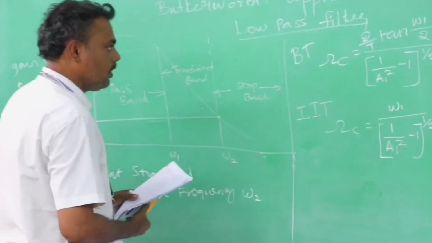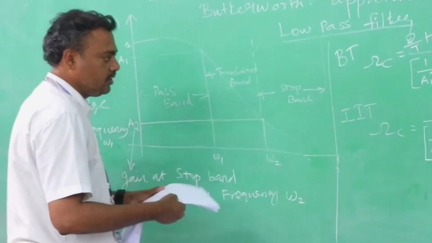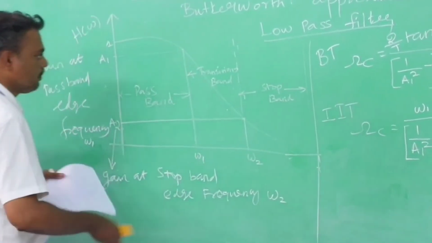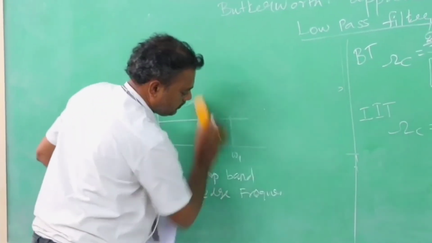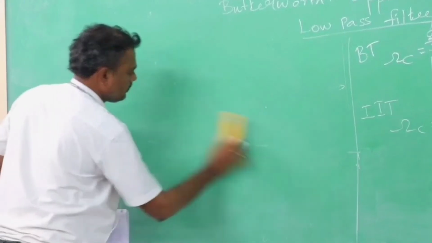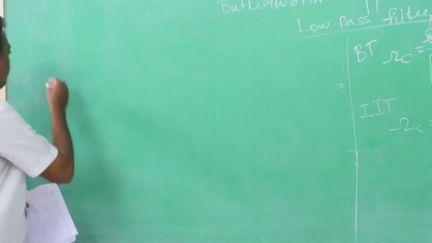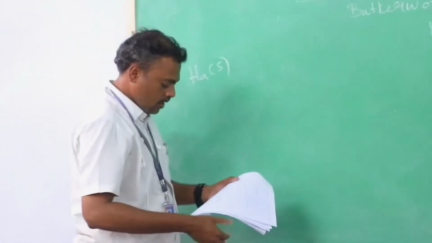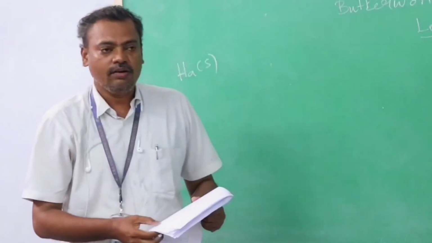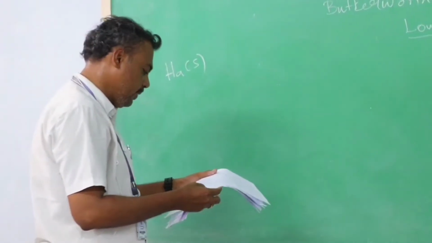Next, we move on to determine the transfer function. HA of S is called the analog filter transfer function.